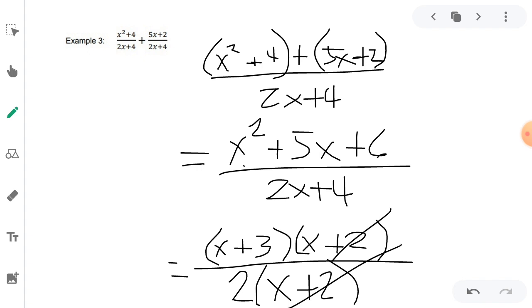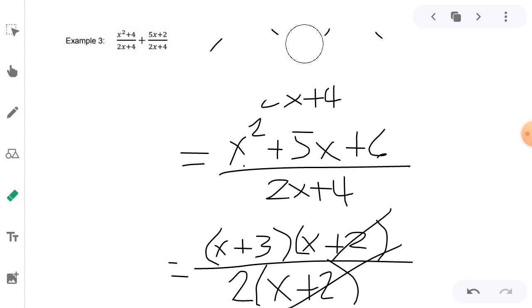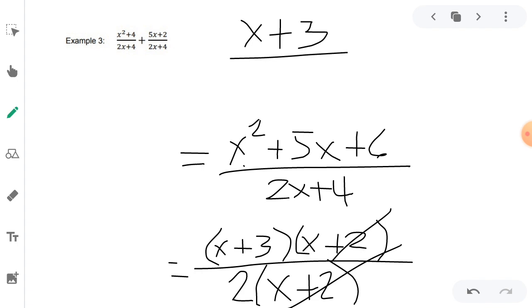So ang natira, so the final answer is x plus 3 over 2. So this is the answer in example number 3.